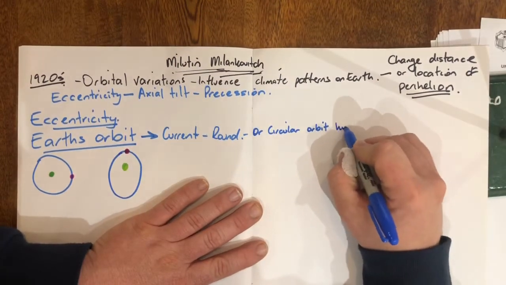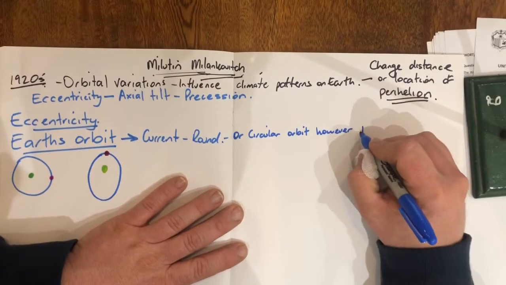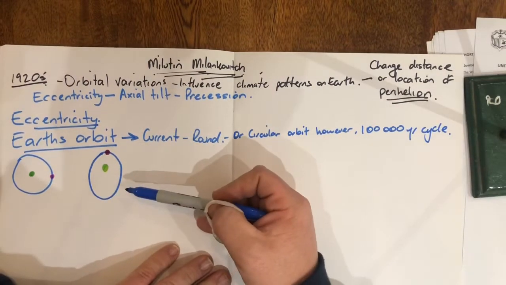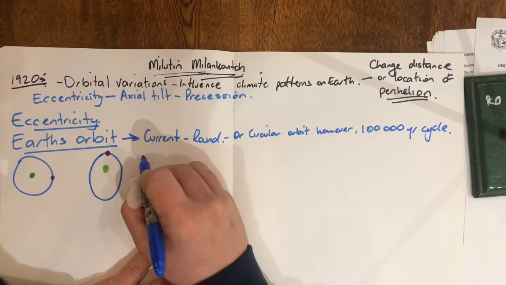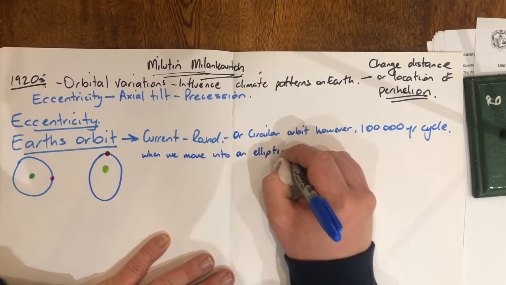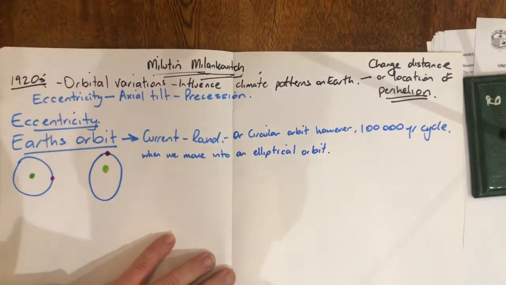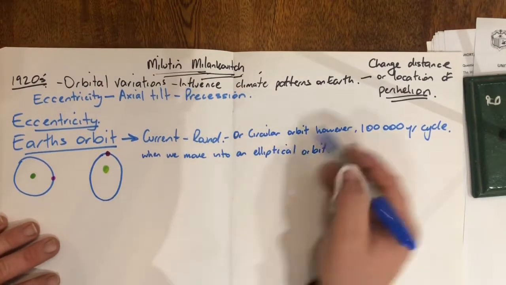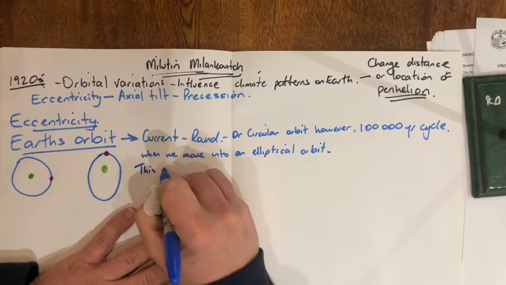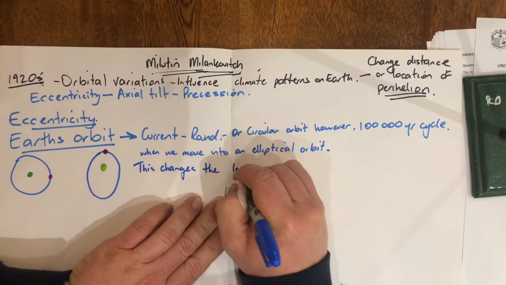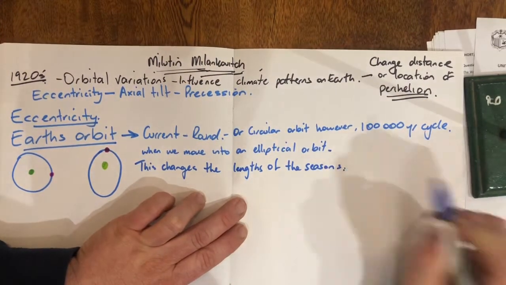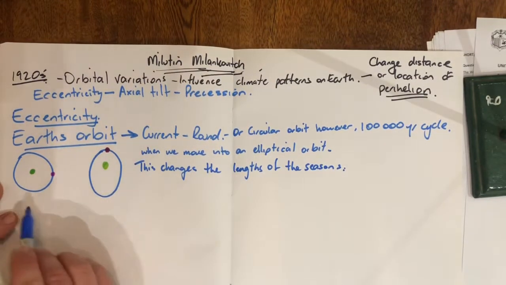However, every 100,000 years, we move into an elliptical orbit. Now what difference this has is it changes the lengths of seasons. Okay, let's move to our next orbital change.